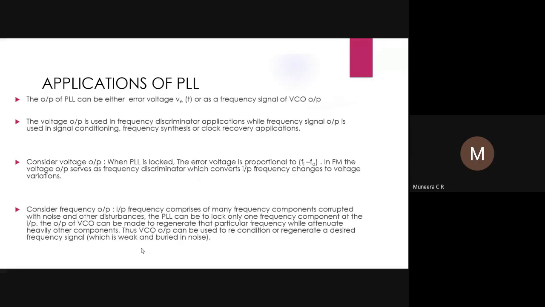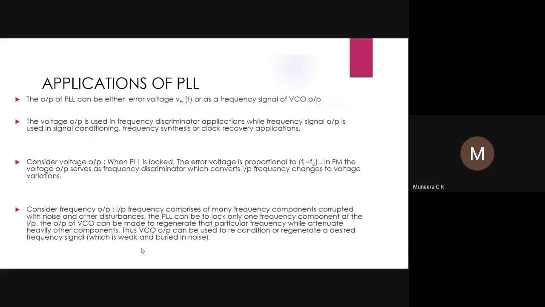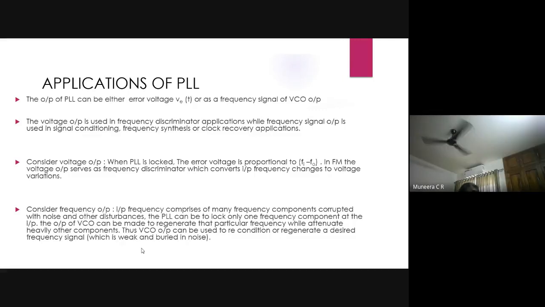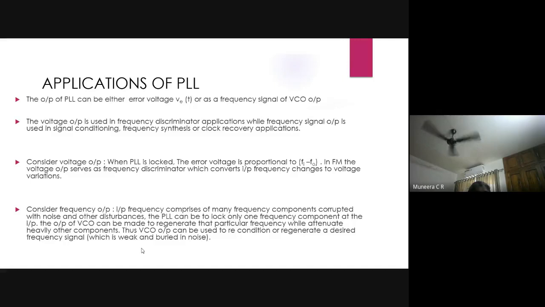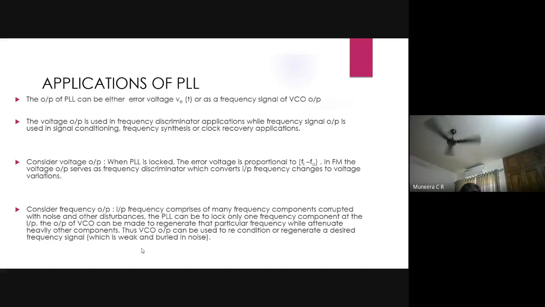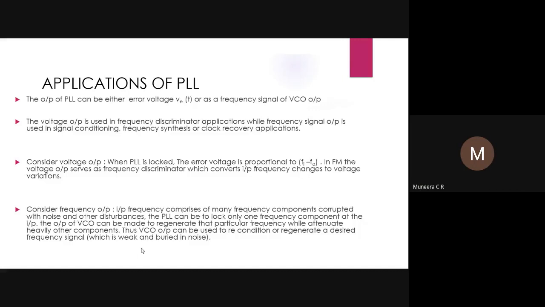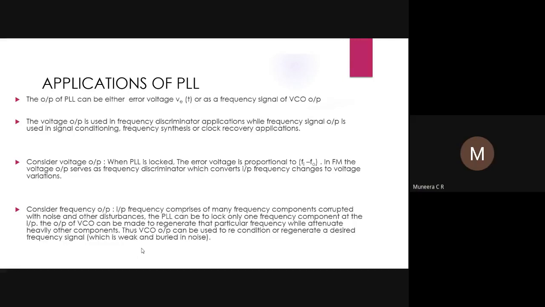And if you're considering the frequency output of the VCO, usually the input comprises many frequency components corrupted with noise and other disturbances. So the PLL can be made to respond to only one frequency component of the input. The output of the VCO can be made to regenerate that particular frequency while attenuating heavily the other components.